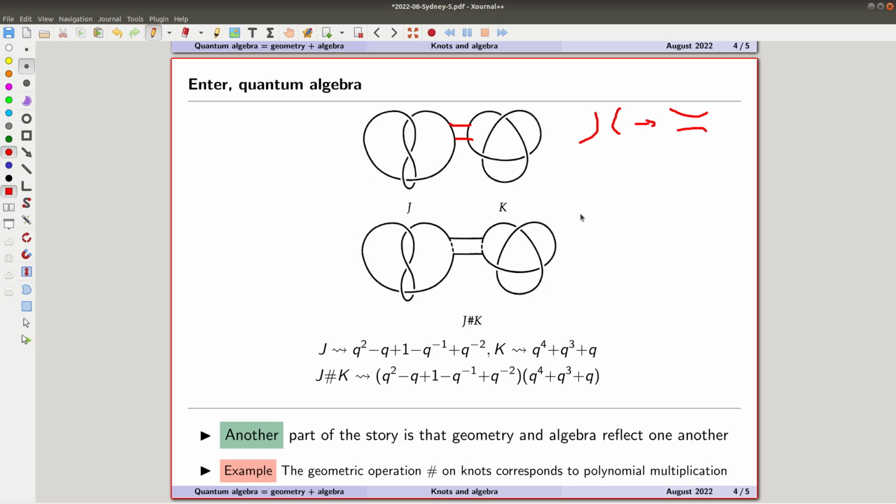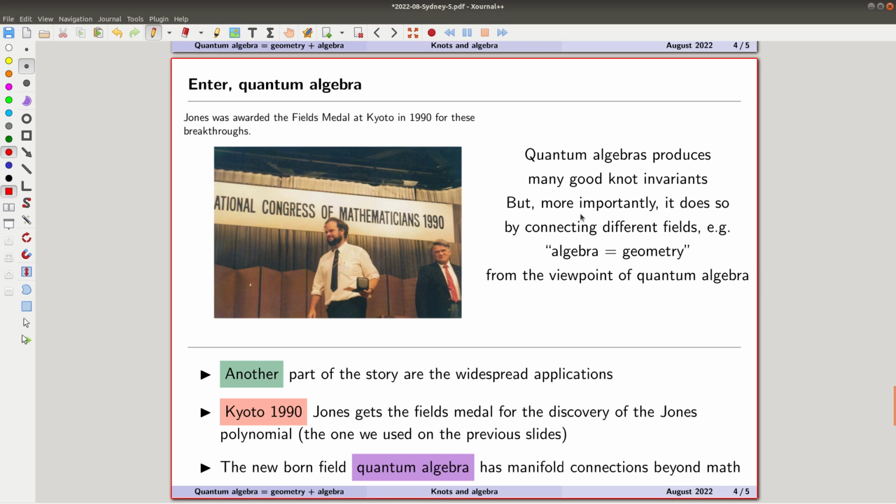So really the key part of the story is that algebra and geometry really reflect one another. They're kind of the same in the sense of quantum algebra, which is extremely amazing. A priori, there's no reason why this guy should know some polynomial multiplication, right? But it does, which is really amazing. And to wrap up, in the 1980s, that's very recent for mathematics, right? Like Kepler 500 years ago, or Newton, and this was the 1980s.